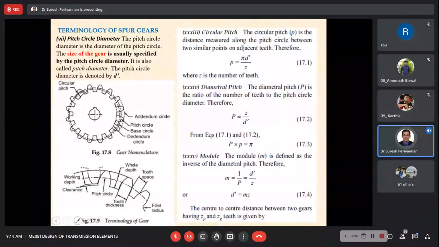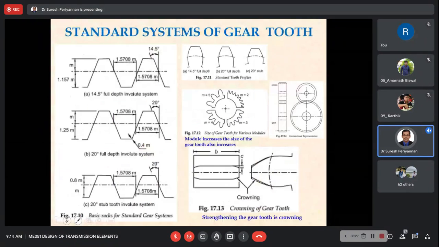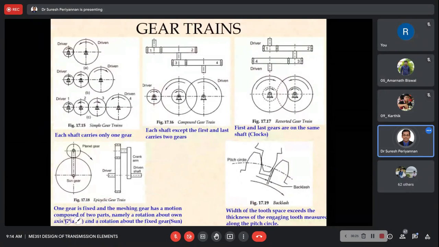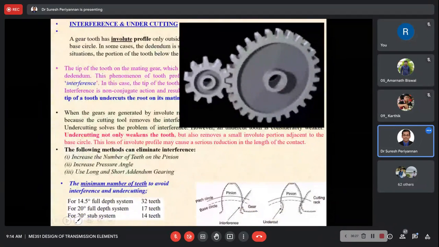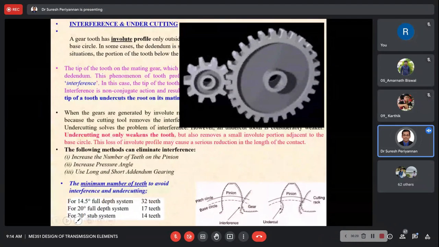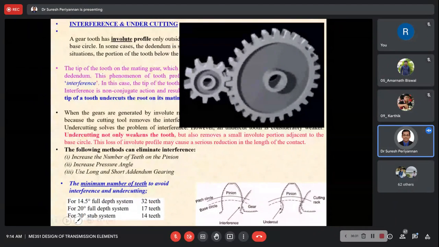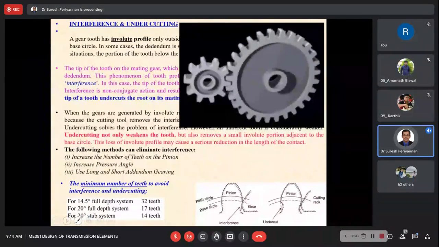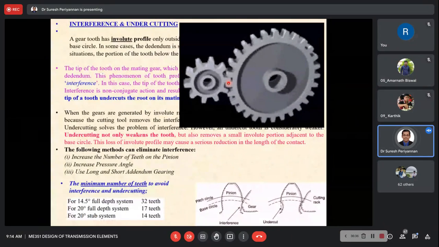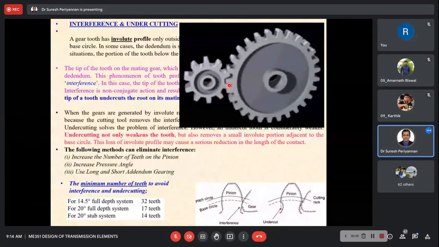Now, contact ratio. The number of pairs of teeth that are simultaneously engaged is called contact ratio. Again I come to the same diagram, same video, so you can easily understand. You may consider either gear or pinion rotating.